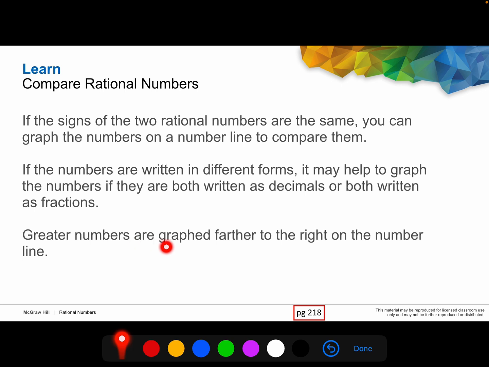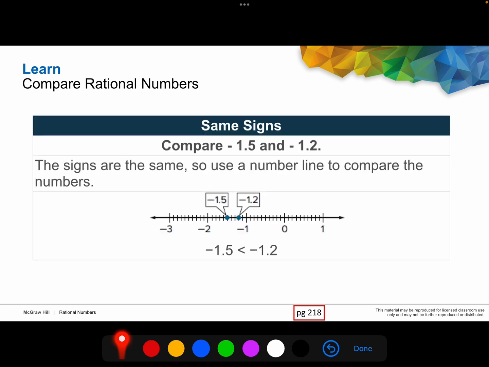And we know greater numbers are graphed farther to the right on the number line. We're going to use that. So to compare negative 1.5 and negative 1.2, we draw a number line. We mark negative 1.5 and negative 1.2, and since the signs are the same, we're using the number line, and you can see that negative 1.5 is less than negative 1.2.